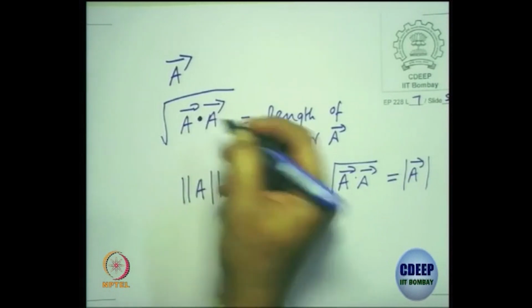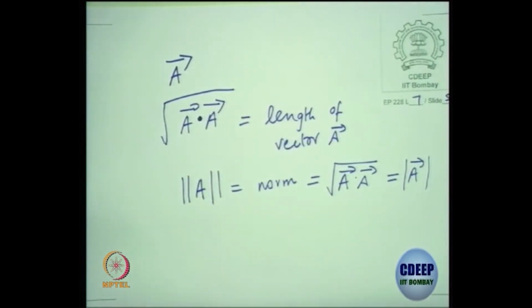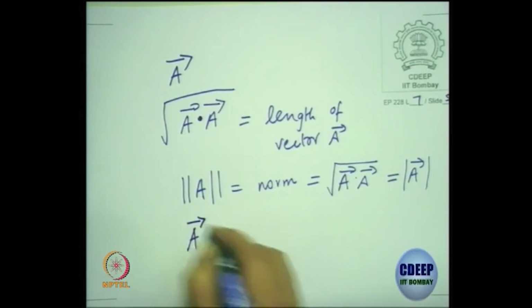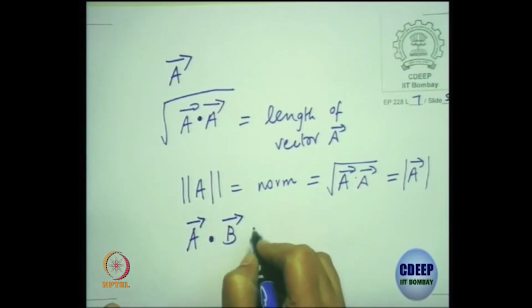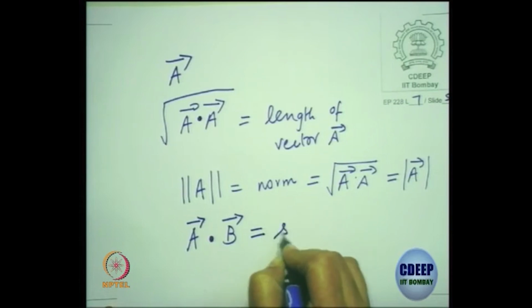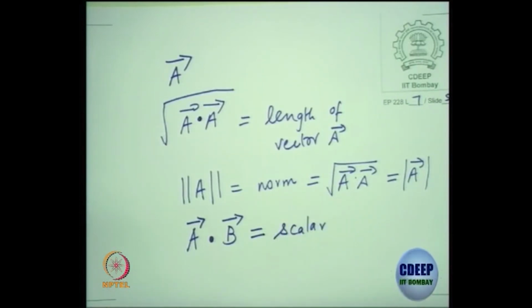But in this process, I have brought in a concept here. I have introduced a dot product, and what is the property of the dot product? If I take one vector A and another vector B and put in a dot product, this will give me a scalar. What is a scalar? If you rotate your vector A and rotate your vector B by the same angle, then the dot product will remain the same, because the angle between those two will remain the same.